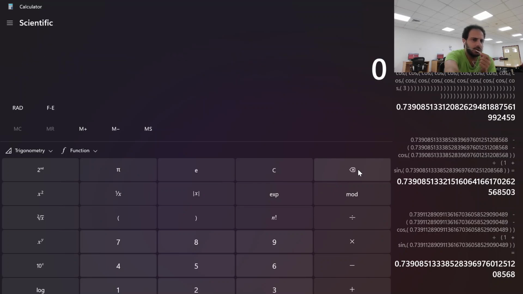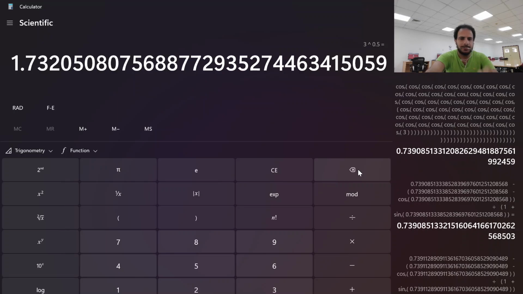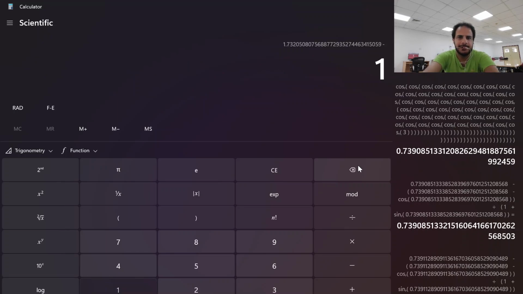If you want, you can choose another number. You can choose a negative number if you want, as you like. For example, let's try minus square root of 3. So minus 3 power 0.5.